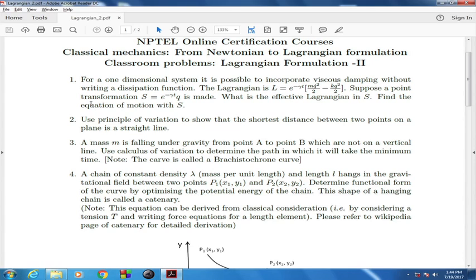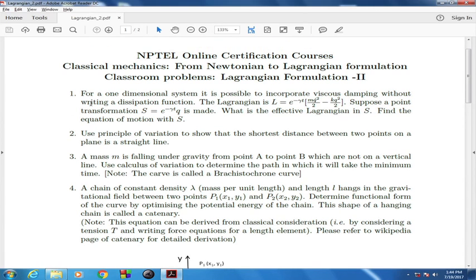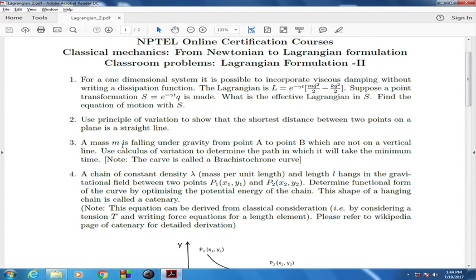The first problem is a small problem on point transformation, which I will solve, but it is very easy to solve actually. So, the problem says, for a one dimensional system, it is possible to incorporate viscous damping. I am talking about one dimensional simple harmonic oscillators.